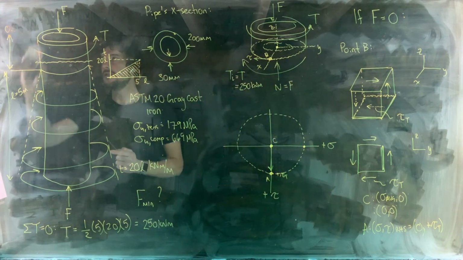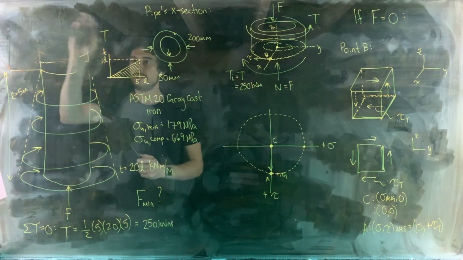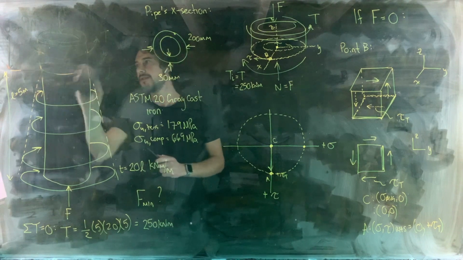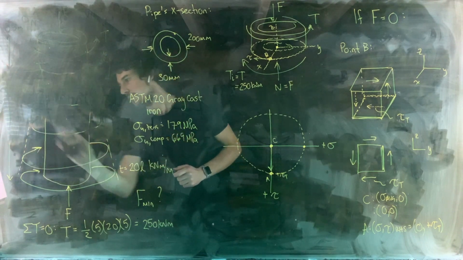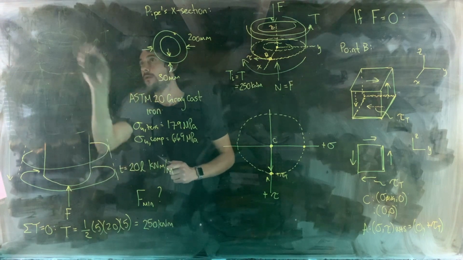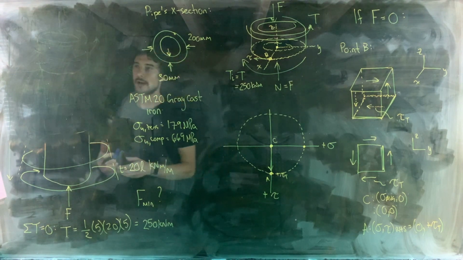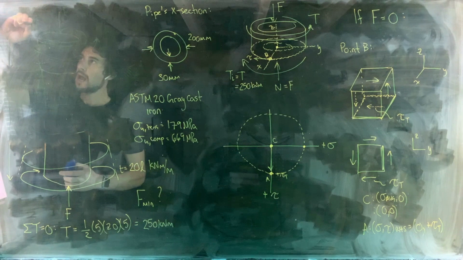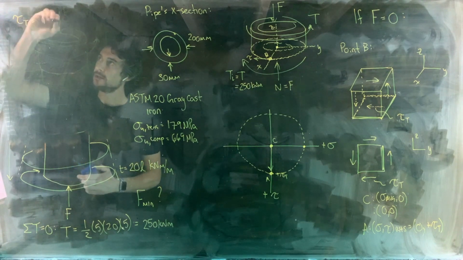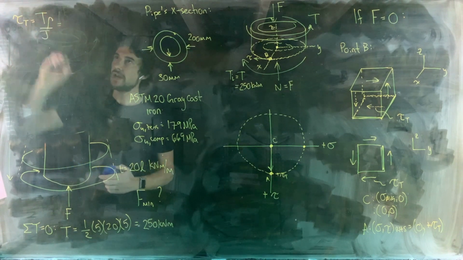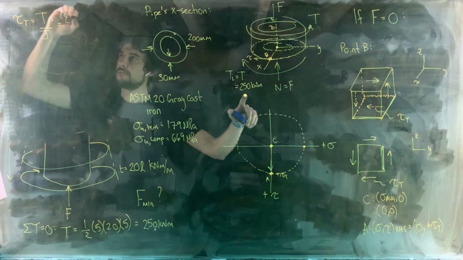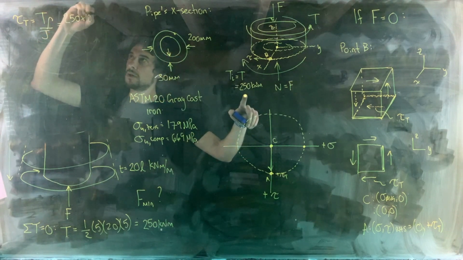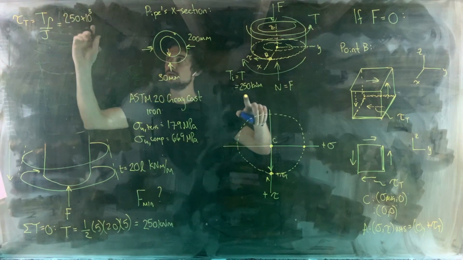So I'm just going to create some space for us to do that over here. I don't think we need any of this anymore. Tau subscript T is going to be T rho over J. Our internal torque is 250 kilonewton meters, so changing that to Newton meters.